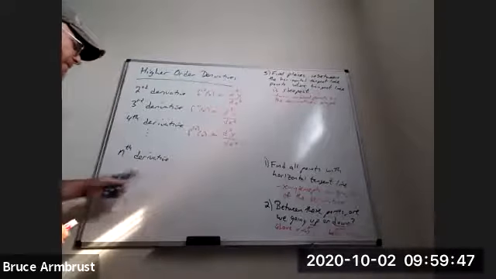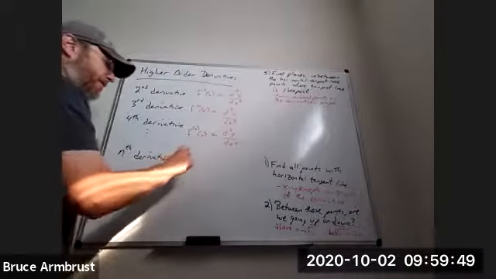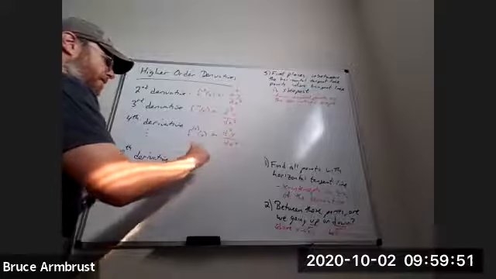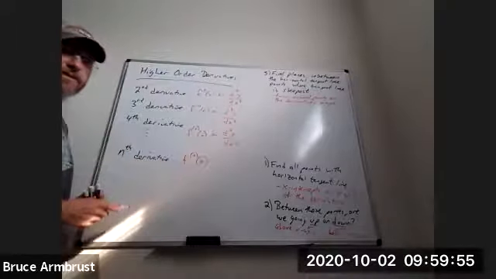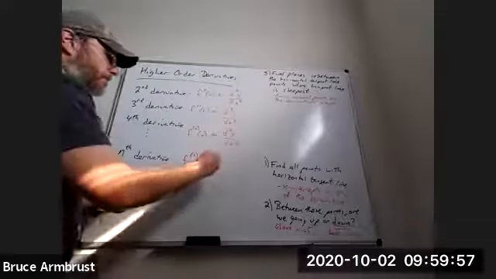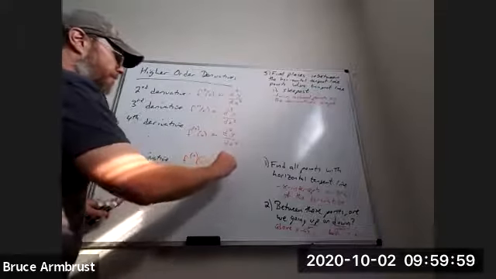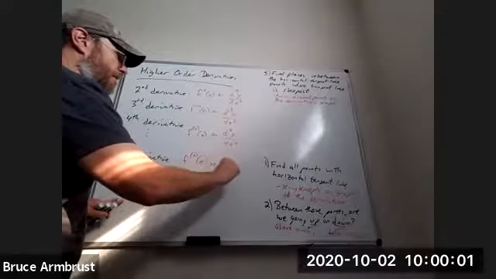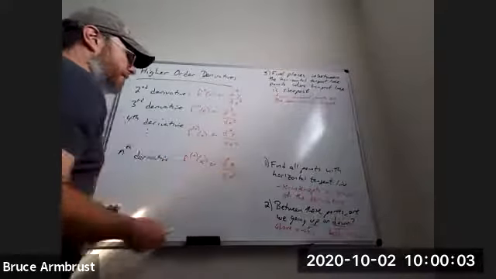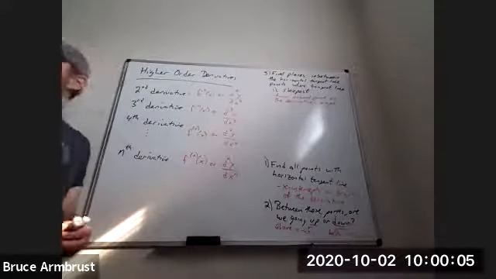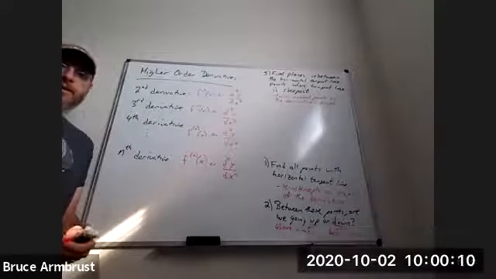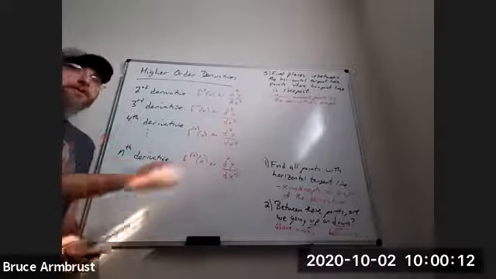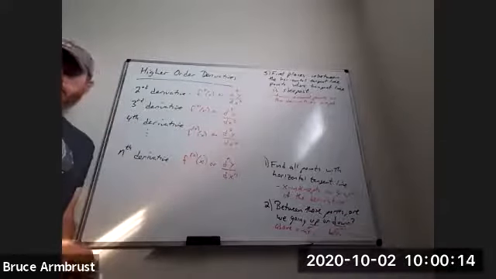So if we were to go to generic, you want the nth derivative. That's going to be f with the n in parentheses as a power. Or alternatively, with the Leibniz notation, we just have n as an exponent. Okay, so this is the notation for our higher order derivatives.